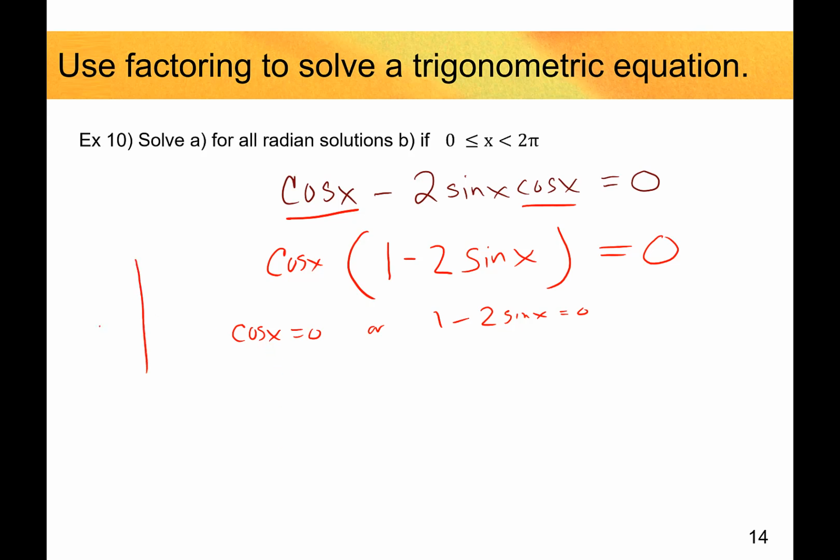So cosine gives me 0 at pi over 2 and 3 pi over 2. There's your two little spots that it does that. So let's put a B down here. So I got pi over 2, 3 pi over 2.